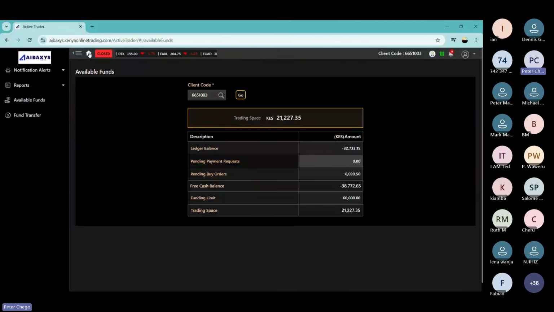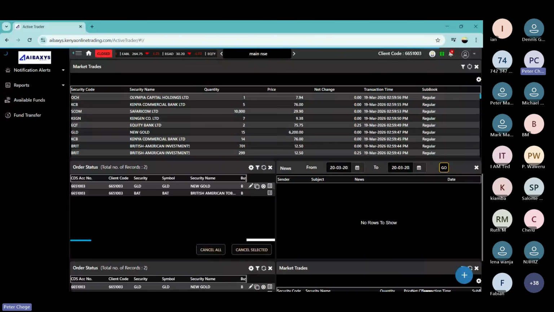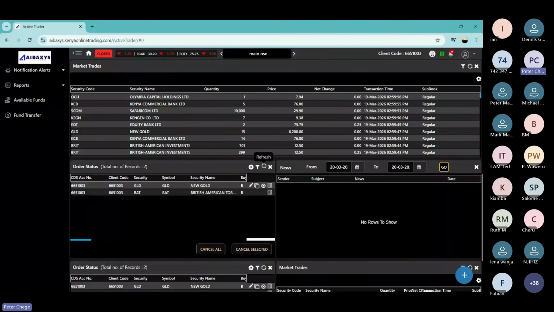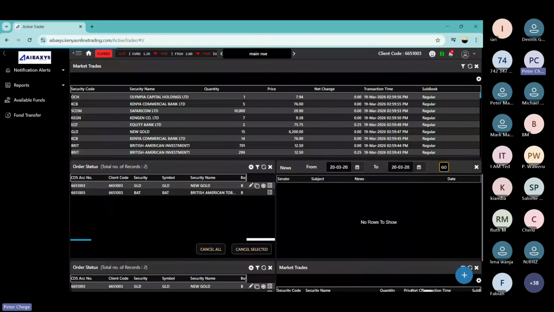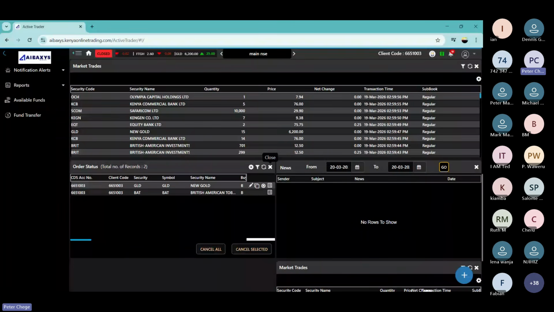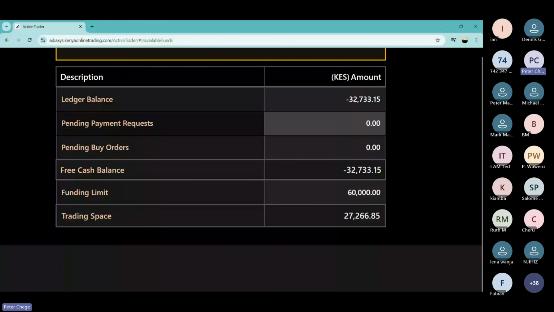Let's see if there is another order of BAT, because it is cancelled. It's supposed to refresh. Let me also remove gold. Refresh, cancelled, refresh. Basically, in my available funds, there should be nothing. That's what happens. So they block the money for a pending buy order until the order executes.